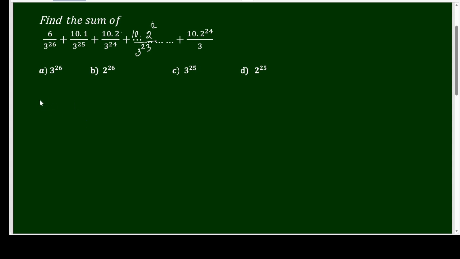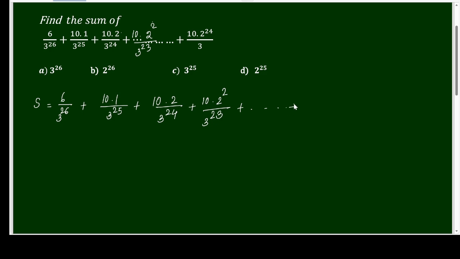So let me write this as a sum. Sum equals 6 over 3 to the power 26 plus 10 multiplied by 1 over 3 raised to the power 25 plus 10 into 2 over 3 raised to the power 24. Next is 10 into 2 square over 3 raised to the power 23, and so on.